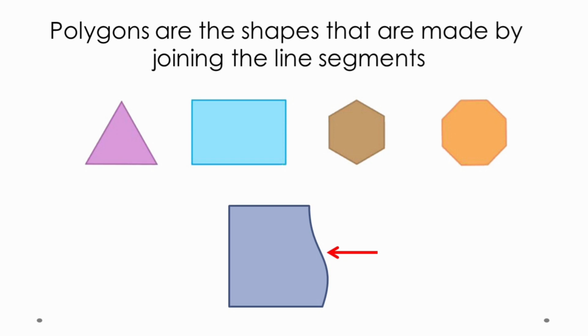Now let's discuss three important elements of any polygon, which are vertices, sides and diagonals. Let's take this up with the help of a rectangle. The corner points where two line segments meet are called vertices. The red dots denote the vertices of this particular polygon.